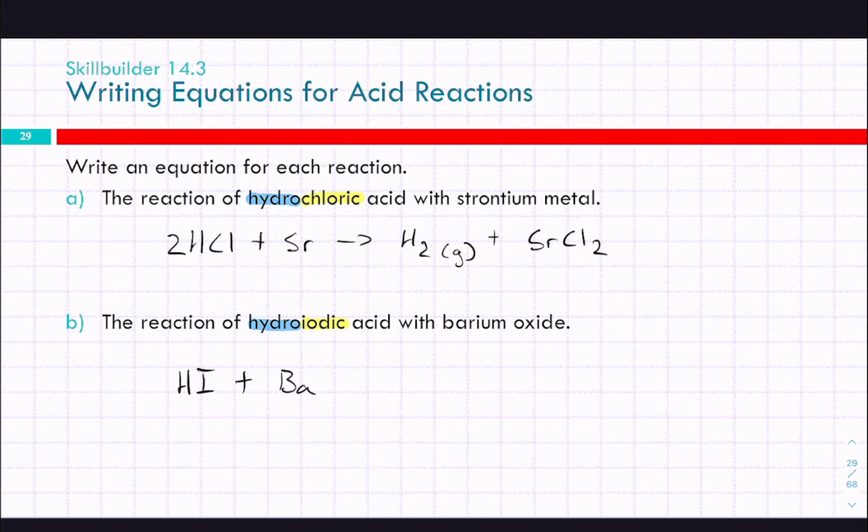So barium is Ba, oxygen is O. And then the charge on barium is always 2+, charge on oxygen is always 2-. So we just need 1 barium, 1 oxygen. That balances their charge. Now, because we're reacting with an oxide here, we're not going to produce hydrogen gas, but instead we're going to have water, H2O, plus barium iodide.